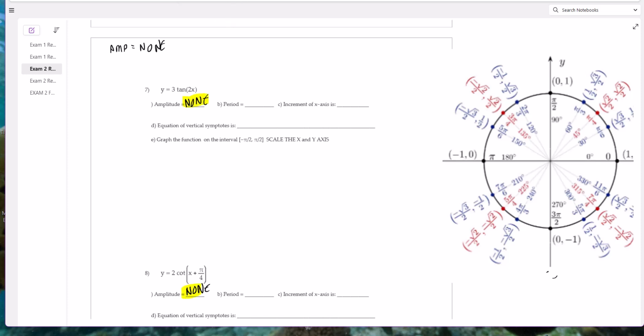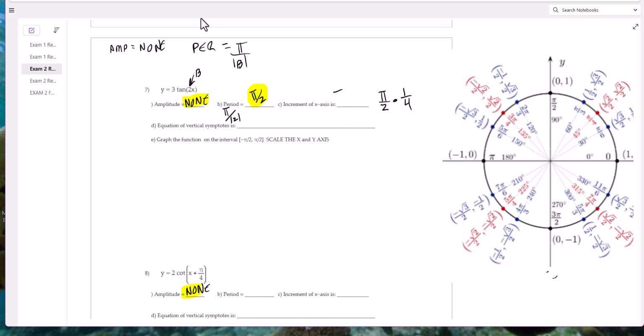So when I do the period here, b is going to be 2, so I just do pi divided by 2. So pi over 2 will be the period on this graph. Okay, the increment is still the same. You're just taking the period, dividing it by 4, but dividing by 4 is the same thing as multiplying by a fourth. So that increment is going to be pi over 8.